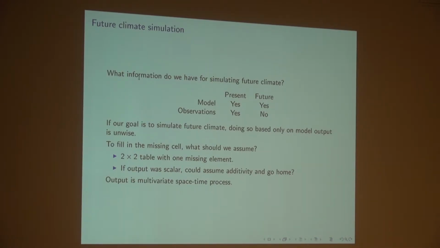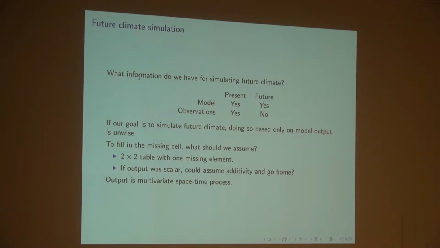So how should we go about doing this? Well, I don't think anybody proposes directly using the model output as a good way of simulating future climate, because we know there's all kinds of biases in the model output and we want to correct for them in some way.